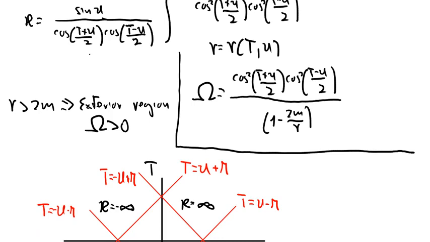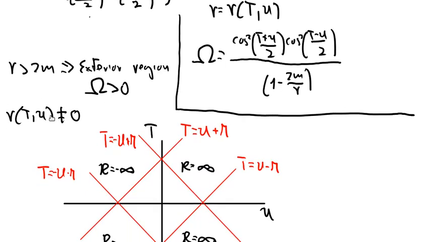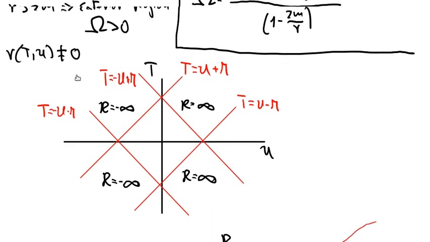So this function du is indeed different from 0, and we don't need to worry about its zero set because it doesn't exist.